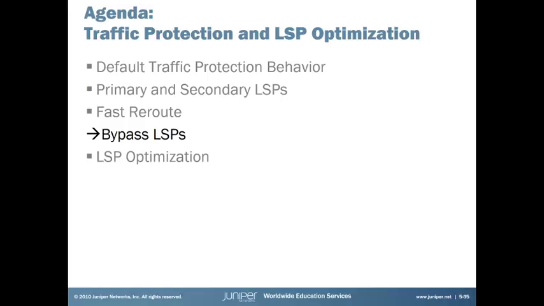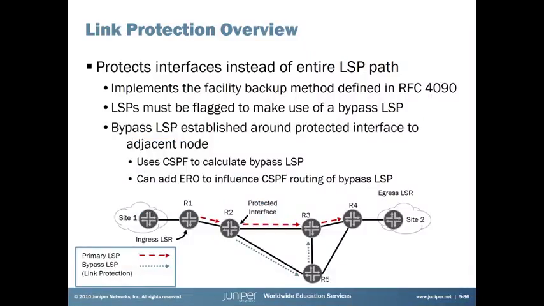Alright, so let's take a look at another mechanism that we have available to us, which is bypass LSPs. These are LSPs which will bypass a downstream failure. They protect interfaces instead of an entire LSP path.